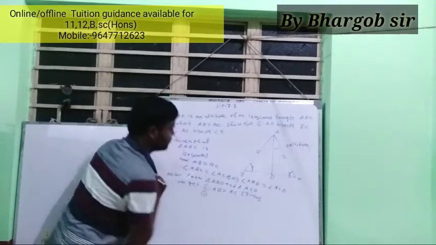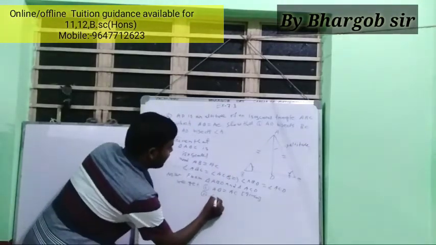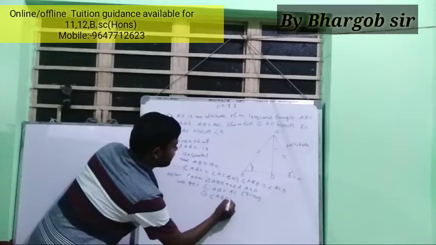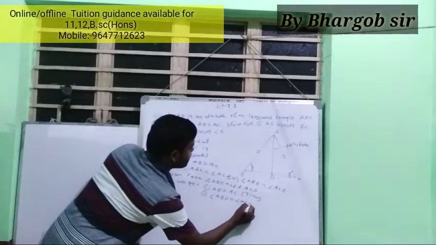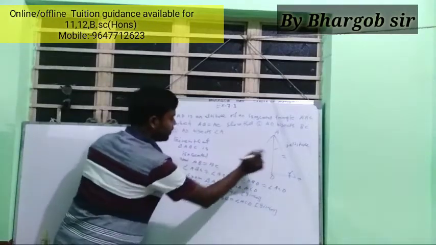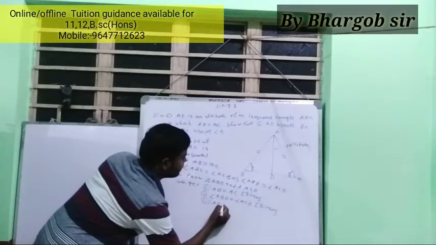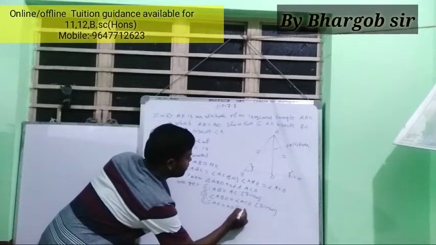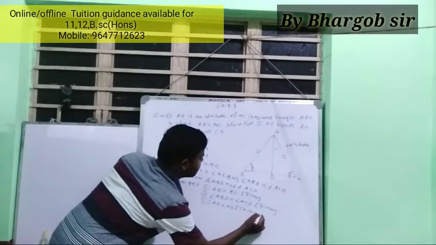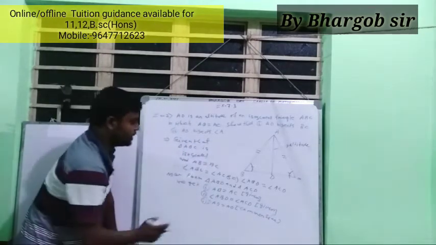Number two, angle ABD equal to angle ACD, given. Number three, AD equal to AD, common side.